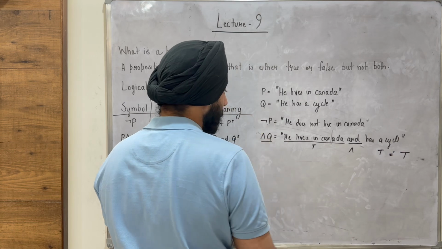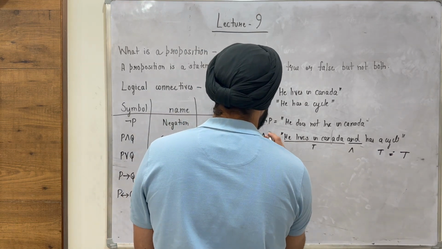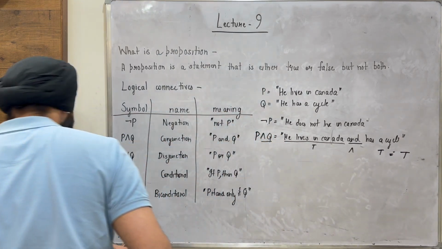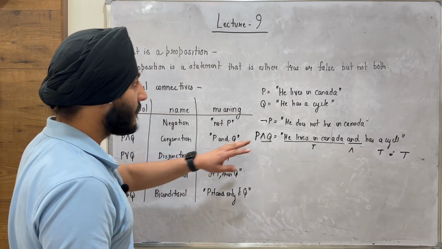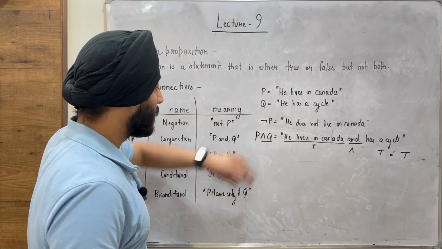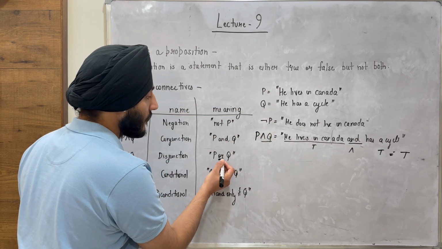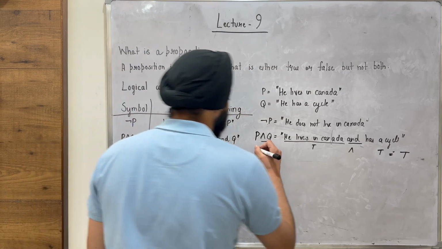Okay, so this is P and Q, right? Now let's try to understand what is P or Q. Same again, just like before, what we do is we add an or statement in between, right? So we add this or word in both the sentences.